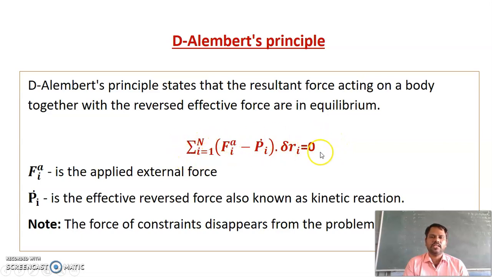This is D'Alembert's principle mathematically. It states that the resultant force acting on a body together with the reversed force are in equilibrium. Note that the force of constraint disappears from the problem.